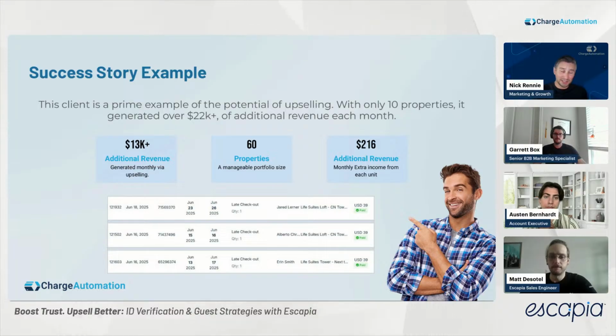So you have their rental income, but by adding upsells, you're talking well in excess of $150,000 yearly just by having that. And in their case, $216 of additional revenue. Now, I know this is a really big example, but on average, we're seeing about $40 per rental unit.